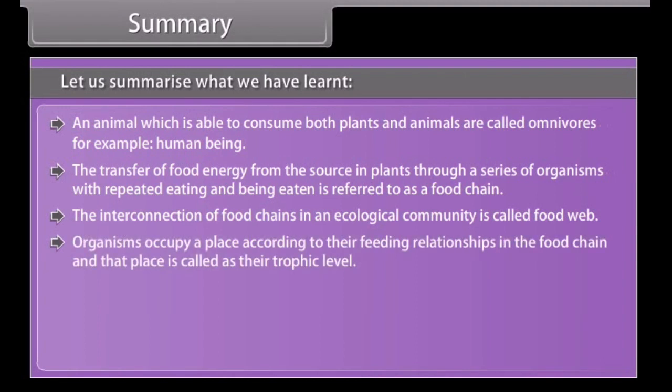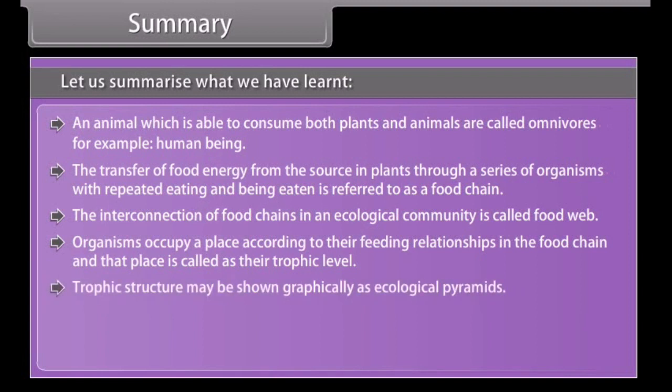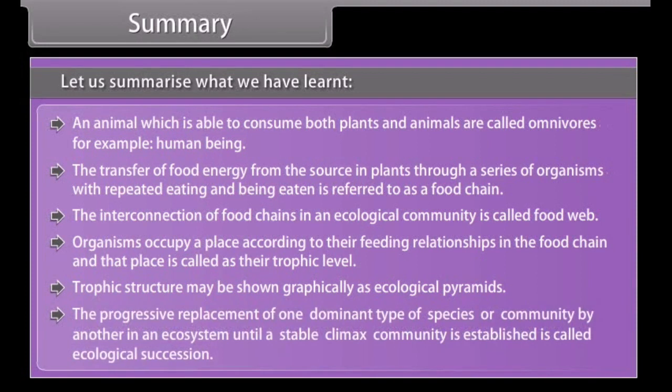Organisms occupy a place according to their feeding relationships in the food chain, and that place is called their trophic level. Trophic structure may be shown graphically as ecological pyramids. The progressive replacement of one dominant type of species or community by another in an ecosystem until a stable climax community is established is called ecological succession.